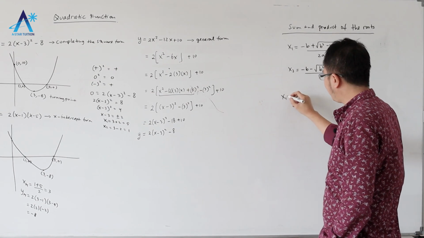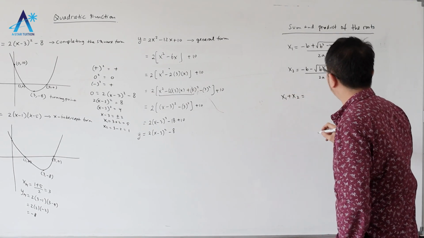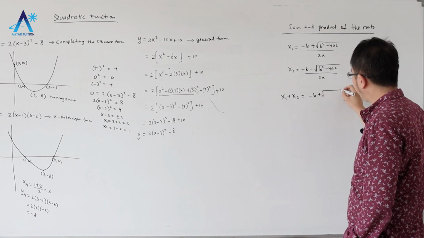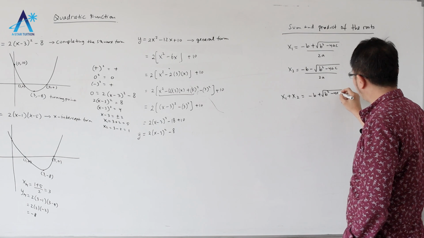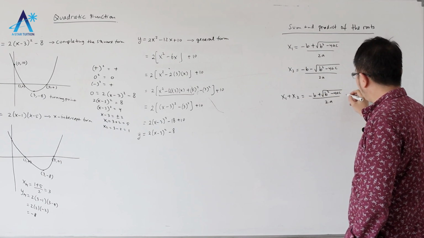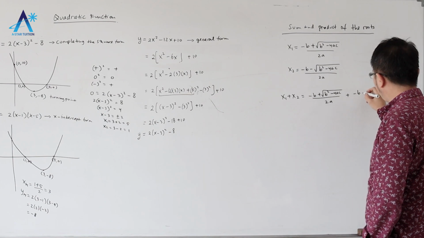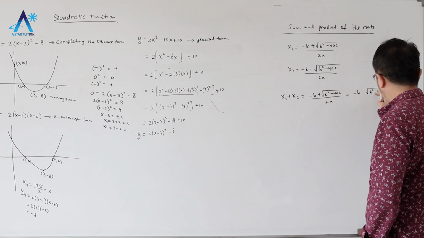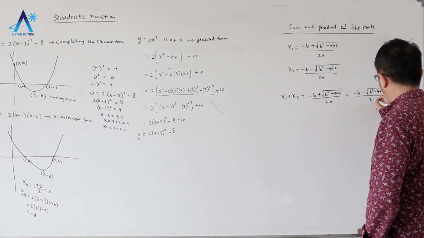So the sum of the roots is equal to negative b plus the root of b squared minus 4ac over 2a, plus negative b minus the root of b squared minus 4ac over 2a.